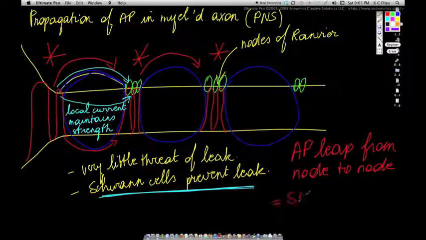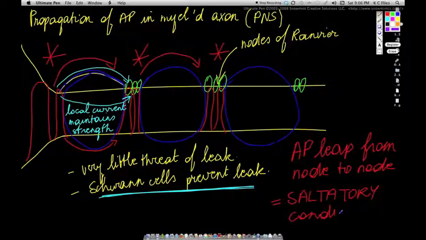And saltare in Latin means to jump or to leap. Saltatory conduction. Now, this also occurs in the central nervous system, but recall that in the central nervous system it is the oligodendrocytes that form the myelin sheath. But the principle of saltatory conduction is the same.